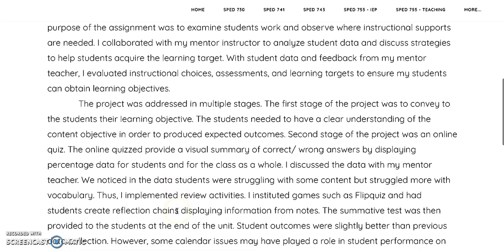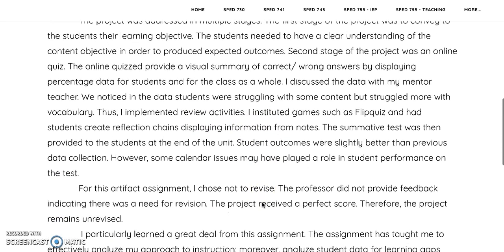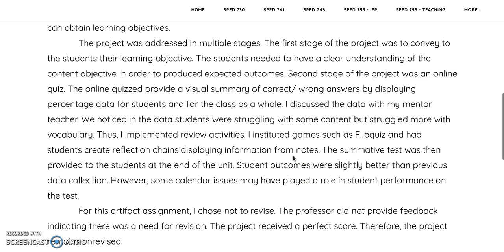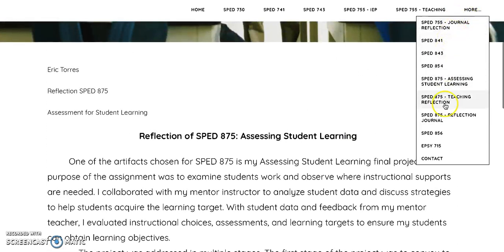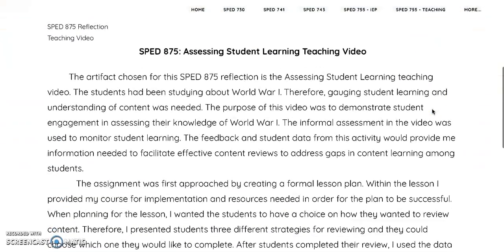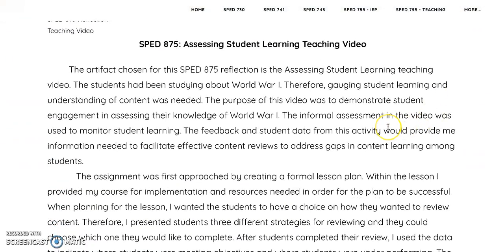We used platforms such as Socrative to test and see how well students were learning the content. With my mentor teacher, we analyzed the data and came up with some interventions to help bridge the gap of learning within the students. So we created a lesson plan, and within that lesson plan, we incorporated a writing assessment.